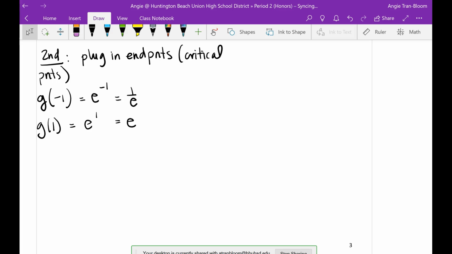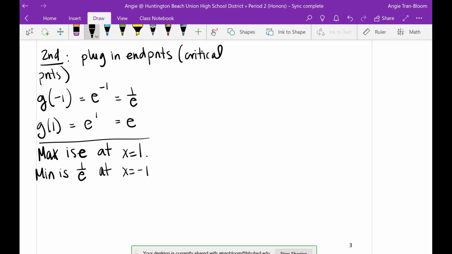You can't just box it up. The bigger one is the max. Max is e at where? Min is 1 over e at where? That's right. Can't just box up, y'all. You've got to tell me which one's which.